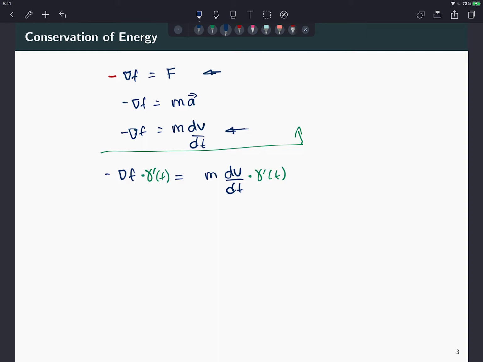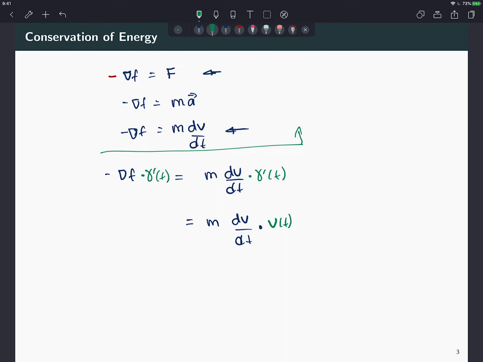On the left side I'm going to take the integral in a minute. But on the right side I'm going to do what I just talked about. This is the m, and this is dv dt dot v, since this gamma prime is v, the velocity.